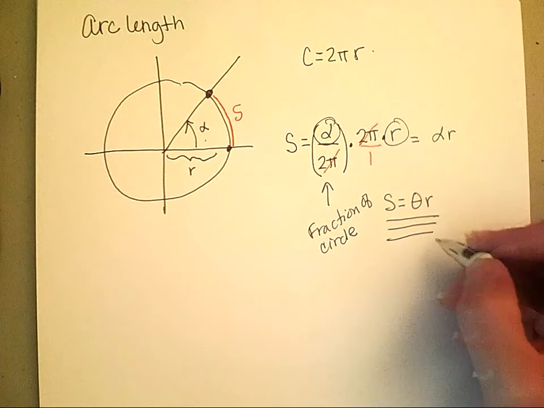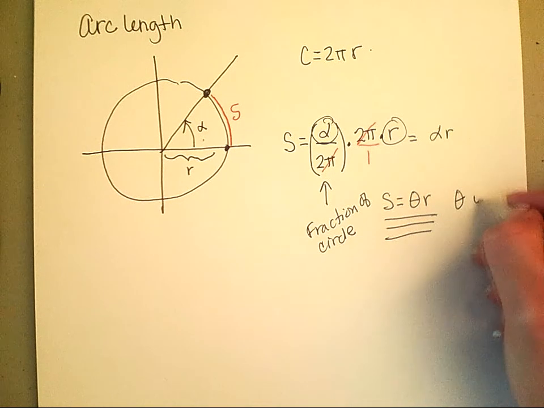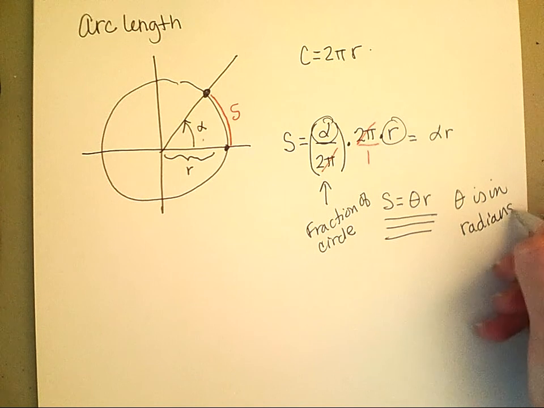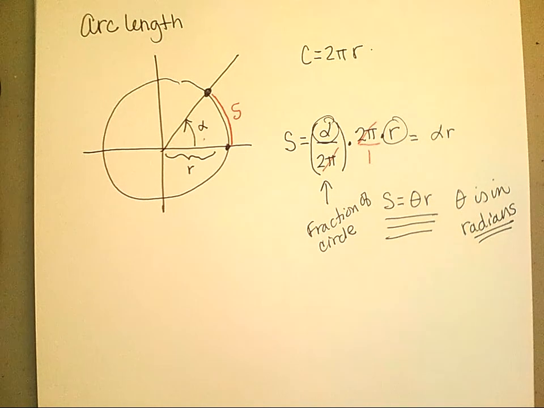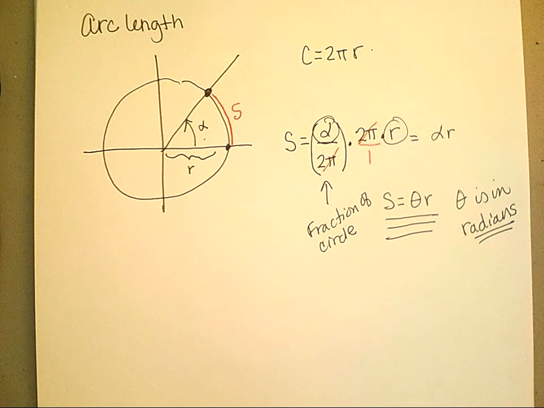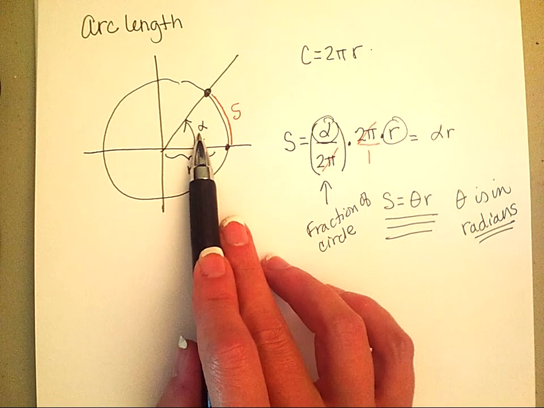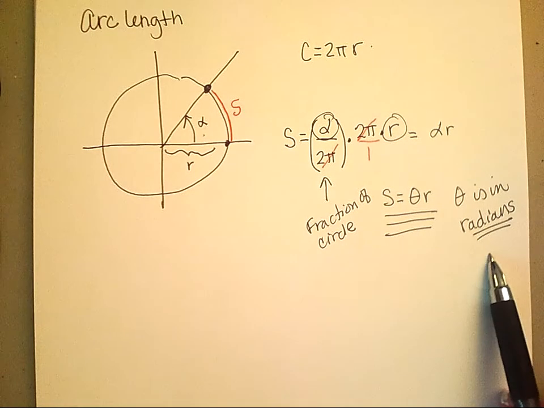But the important thing here is this will only work if theta is in radians. If this is in degrees, it is not true. So if you get a problem where your angle is given in degrees, you must convert to radians first.